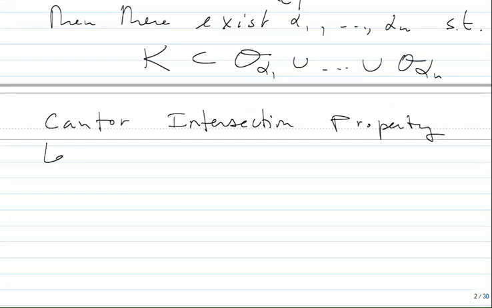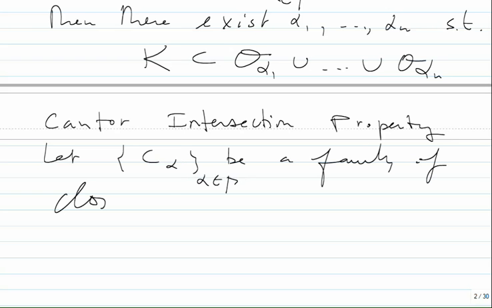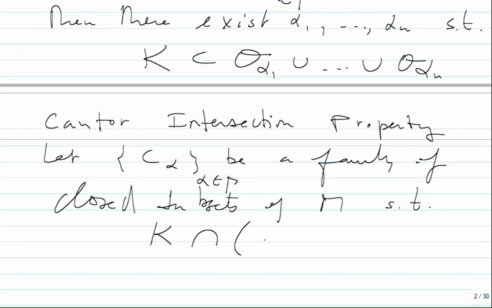Let C_alpha be a family of closed subsets of M such that K intersected with the intersection of all the C_alphas is empty. In other words, there are no common points between all the C_alphas and K. Then K misses finitely many of them.